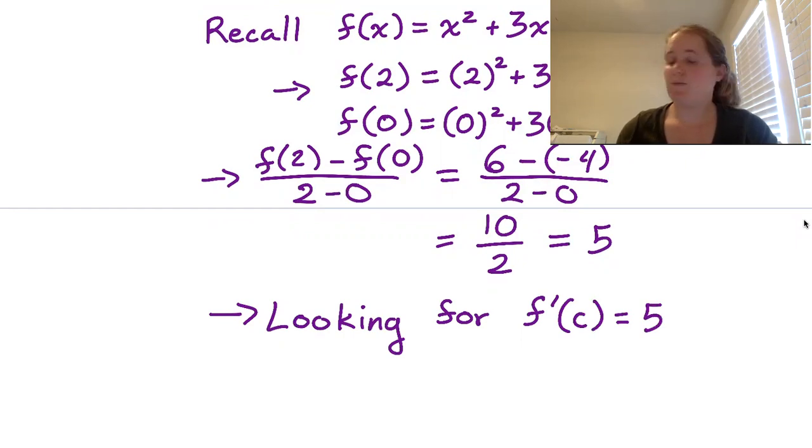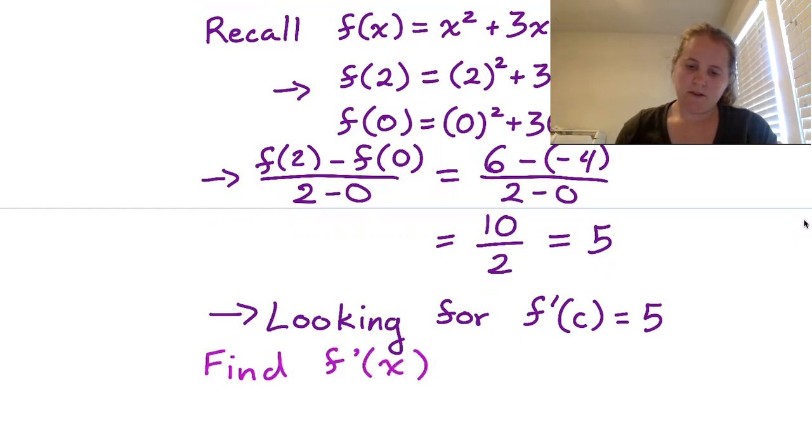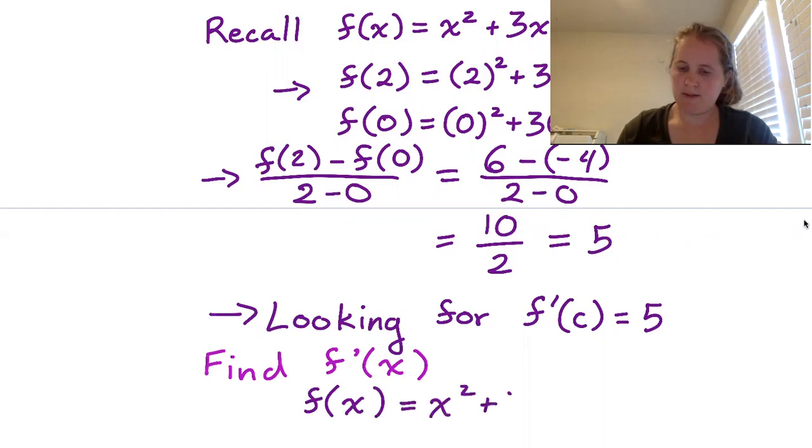So in order to do this, we need to find f prime of x. So again, f of x was x squared plus 3x minus 4.